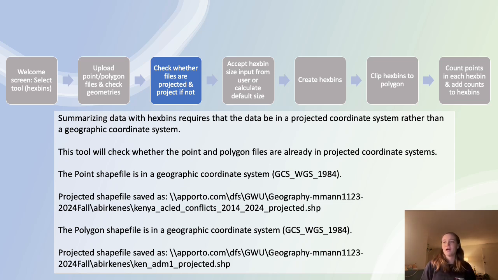In this case, I entered a UTM projection that is specific to Kenya and other East Africa countries, and the projected shapefile is then saved with a new name. Similarly, with the polygon shapefile, it's also in a geographic coordinate system, and I enter the EPSG code, and that one gets saved as well.